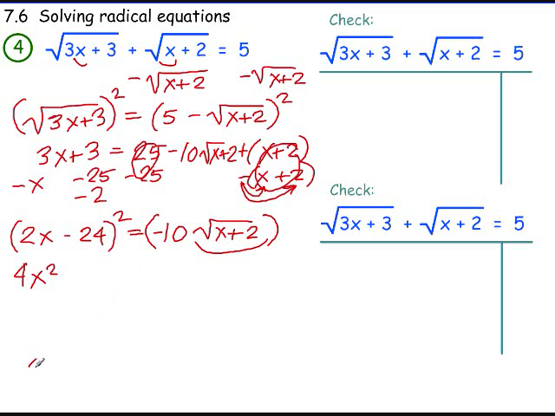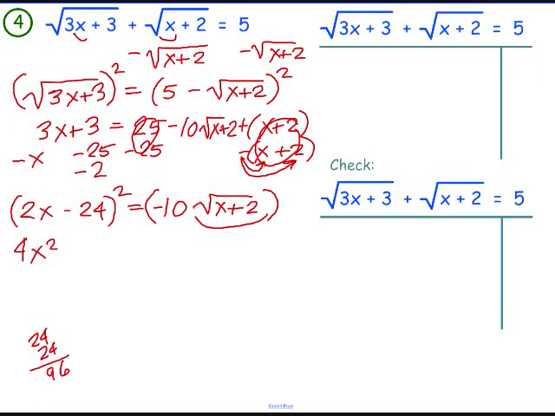Let's see, 24 times 24. What's that going to be? I should extend this page just a moment. Um, 48. 576. Okay, yikes, that's an ugly looking thing.